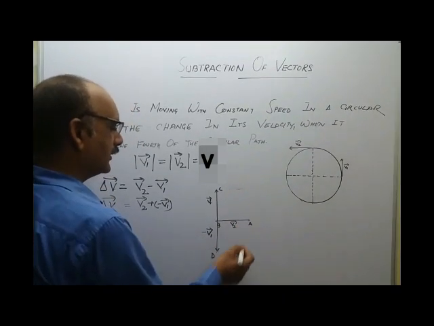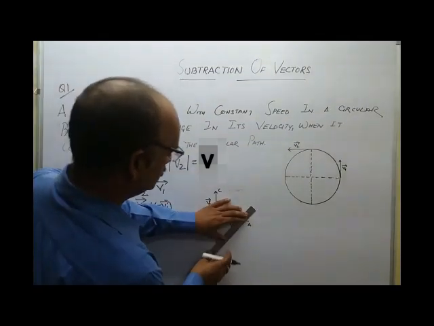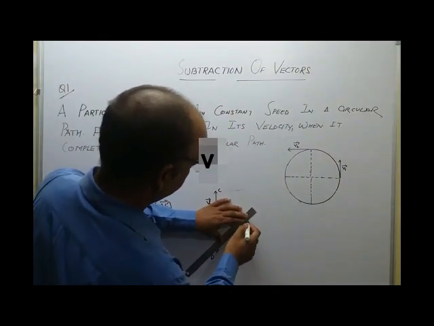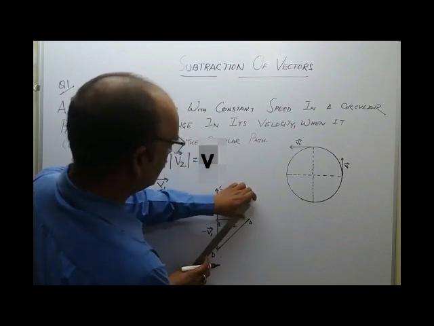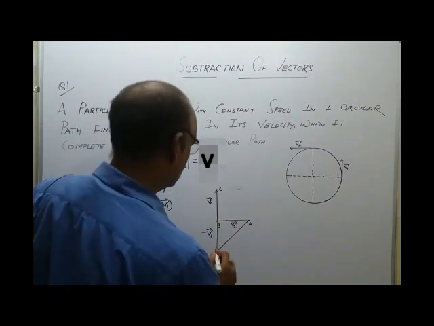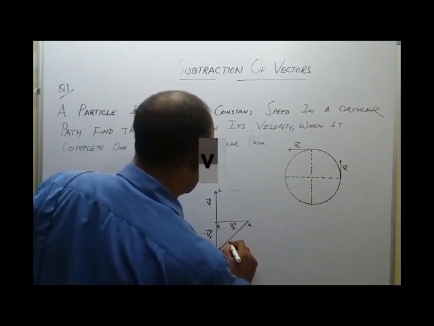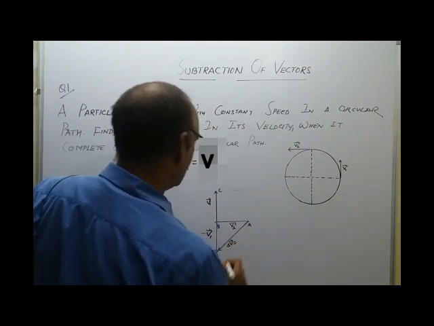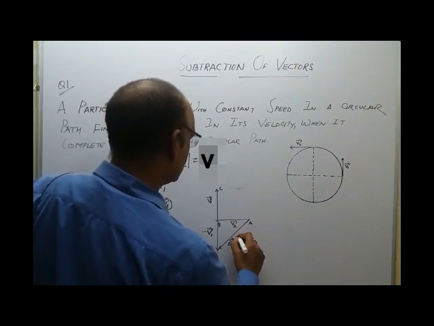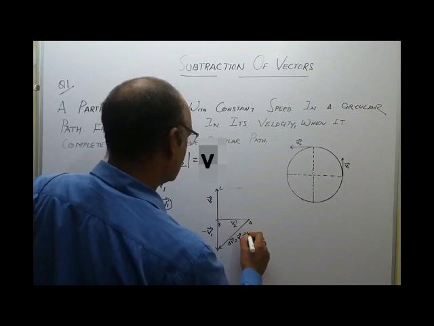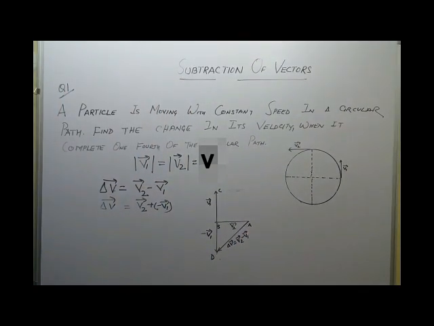And applying triangle law of vector addition, this vector AD will represent delta V, delta vector V equal to vector V2 minus vector V1, right?